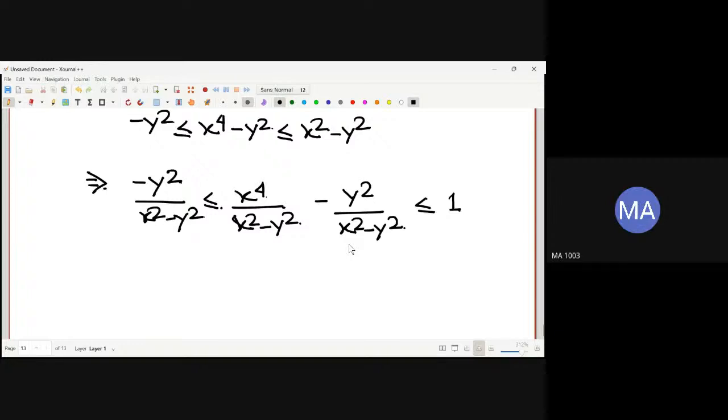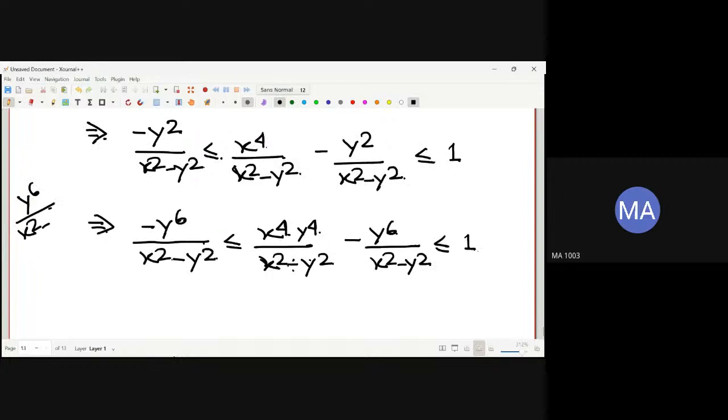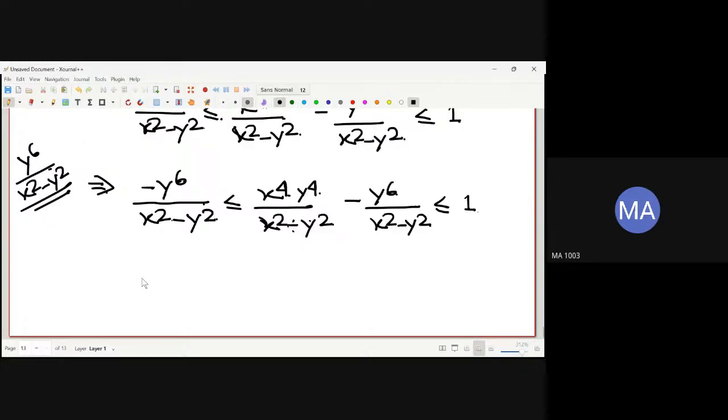So what you do now, you add this thing, y power 6. So in that case, what you will get, this is 0, right?